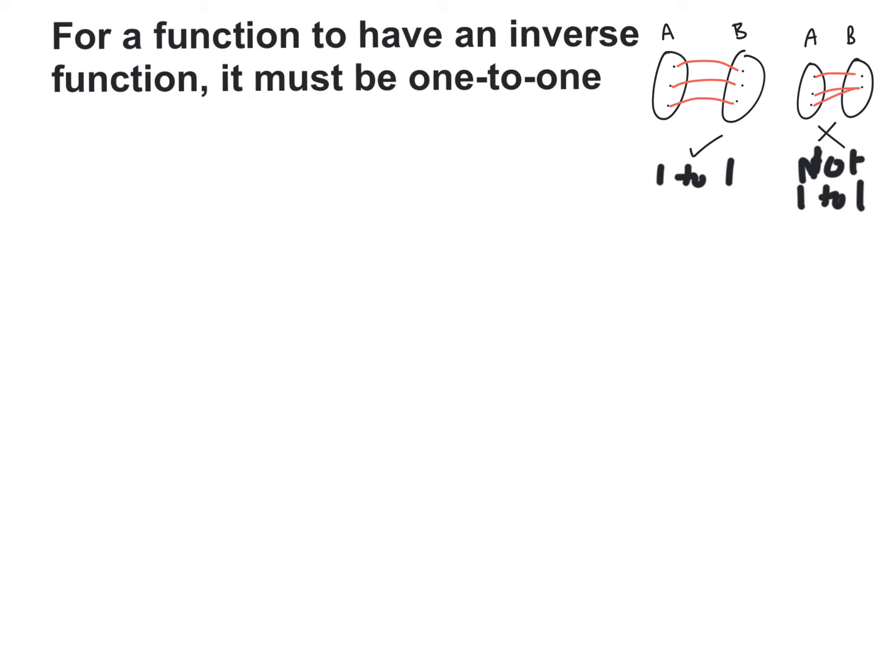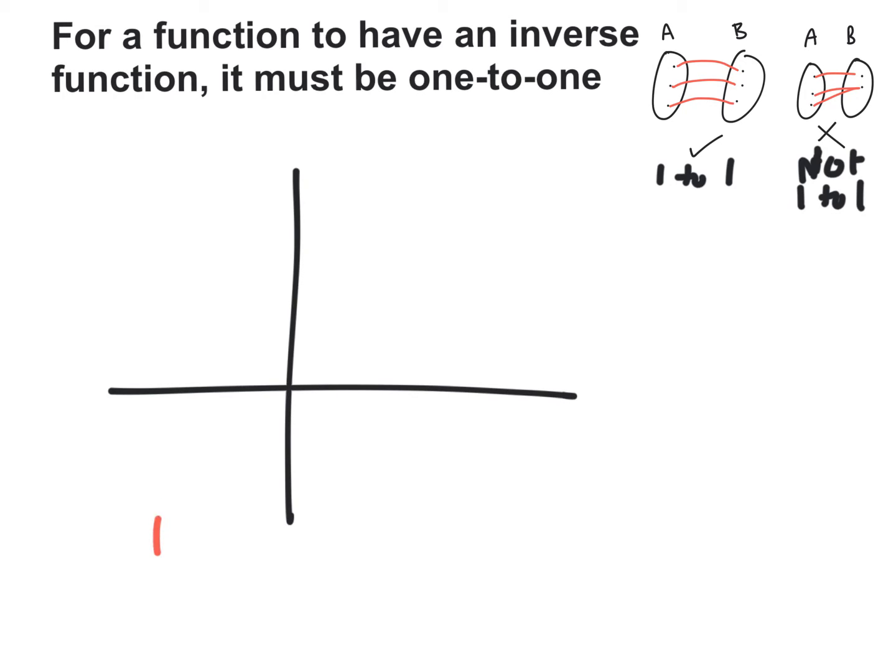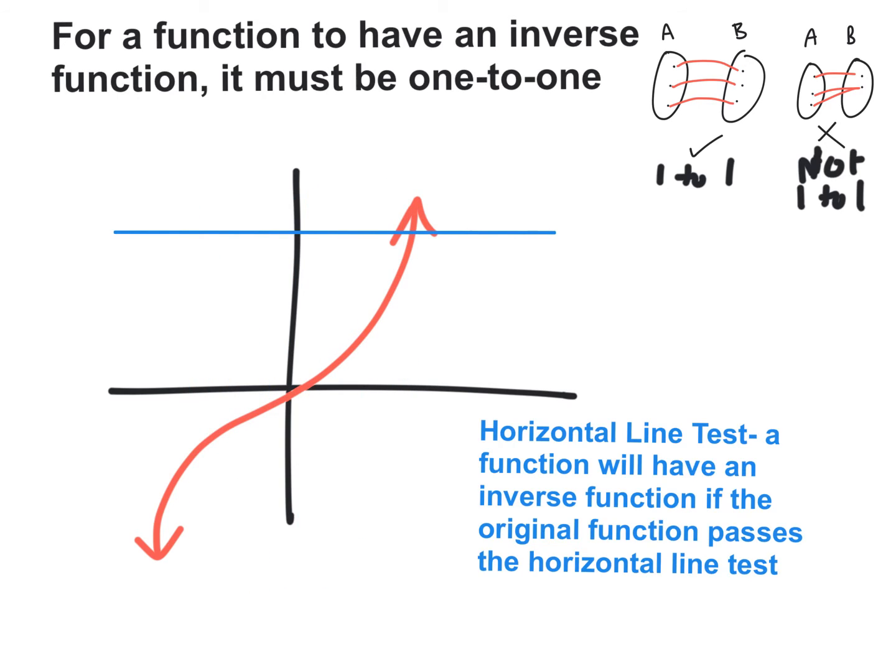Now, to test if something is a function, we're used to using the vertical line test. What the vertical line test does is it tests each input to make sure it only has one output. That's why I can only touch the graph one time at any point. Well, because we don't want to check if each input has an output, we want to check if each output has only one input, we can use the horizontal line test.